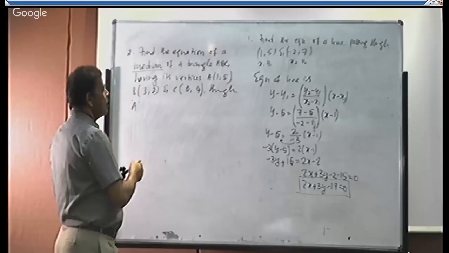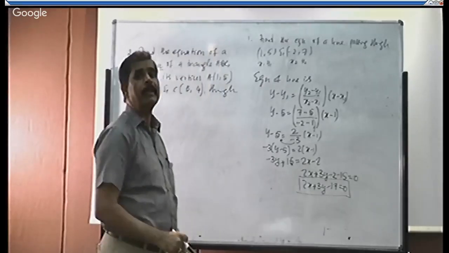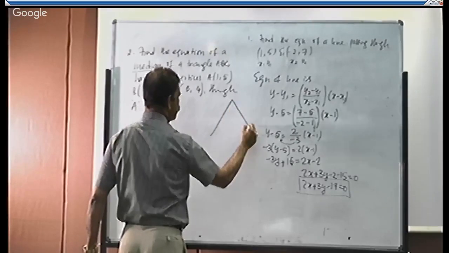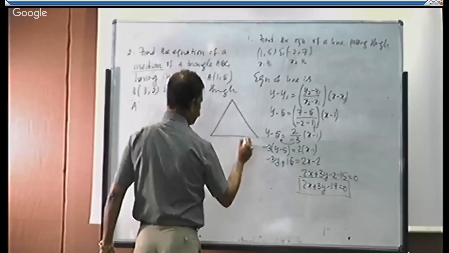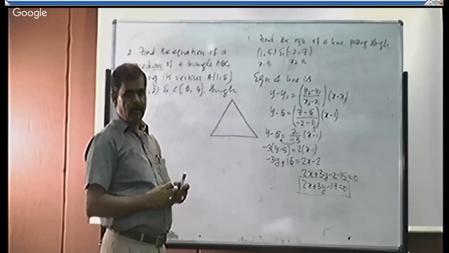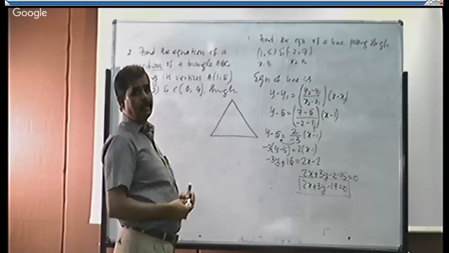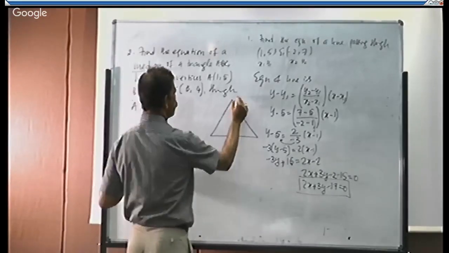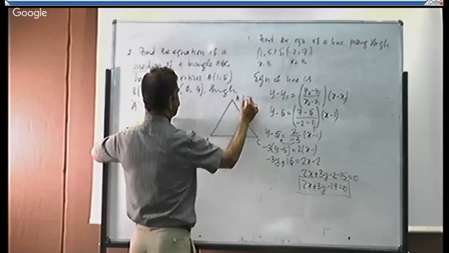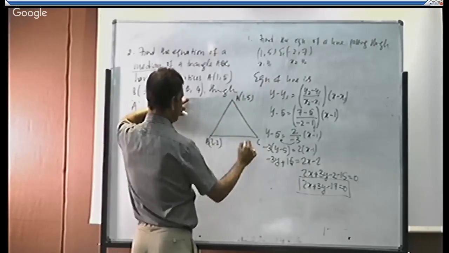Okay. First, let us know what a median is. A median is a straight line which passes through any vertex of a triangle and meets the midpoint of the opposite side. Suppose this is A, this is B, this is C. A is 1, 5, B is 3, 2, C is 5, 4.